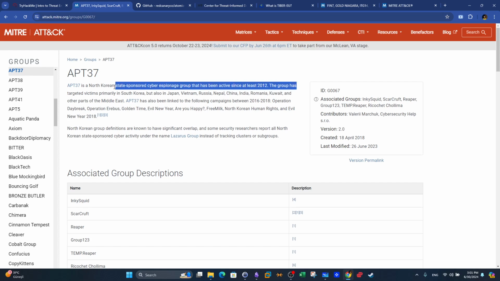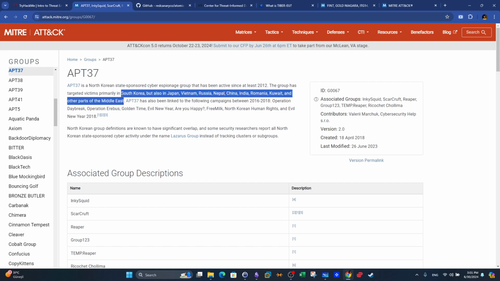The group has targeted victims primarily in South Korea, but also in Japan, Vietnam, Russia, Nepal, China, India, Romania, Kuwait, and other parts of the Middle East. The location here is very relevant to your objective. Say your client or the company conducting threat emulation is located outside the borders of these countries.